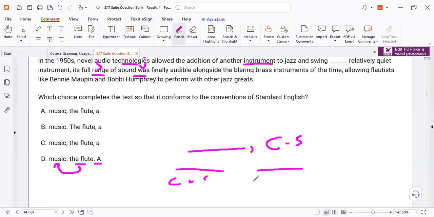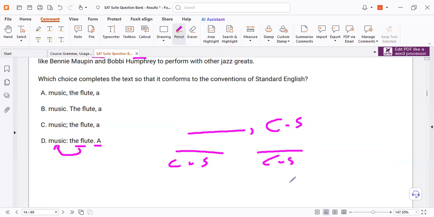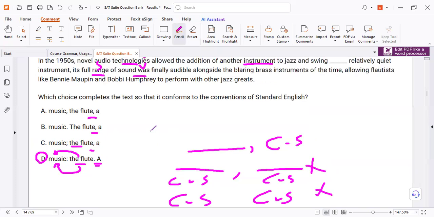If you put only a comma between them, wrong. If you keep them without any punctuation, wrong. So we test where the beginning of the second clause is, from here or from there. The information relates to the preface sentence. That's why letter D is correct.